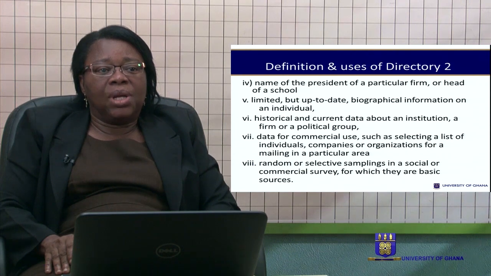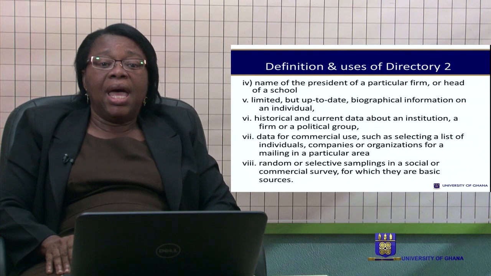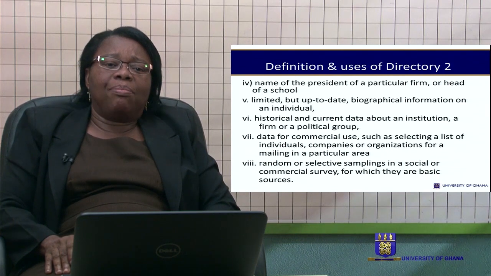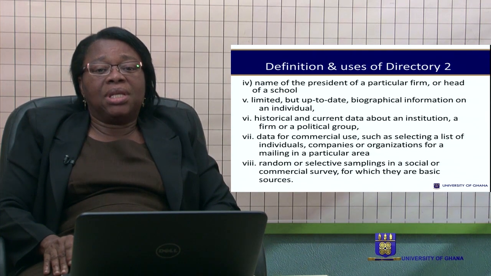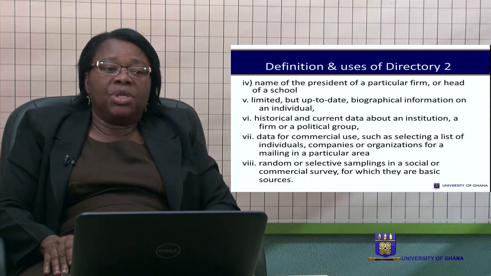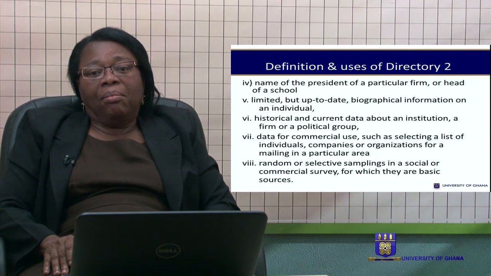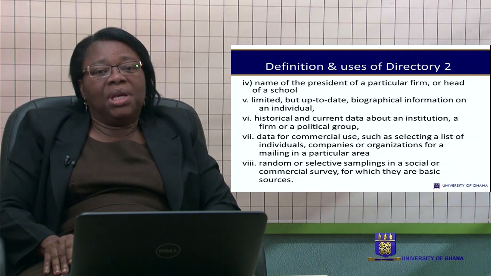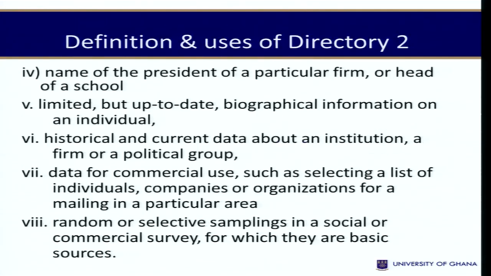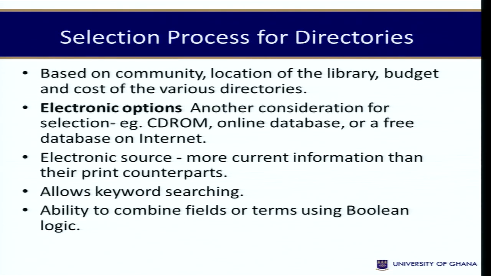They would use the particular directory to identify the people in that location and serve them samples. This happens a lot in the advanced countries where you have so many unsolicited mails in your boxes asking you to respond to a particular taste or the color of a particular product, and they use the directories to find out exactly how people feel about such things. So directories are very useful.